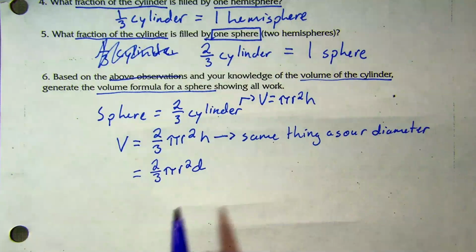Do we have a way to express diameter in terms of the radius? Feel free to shout it out or send it in the chat.